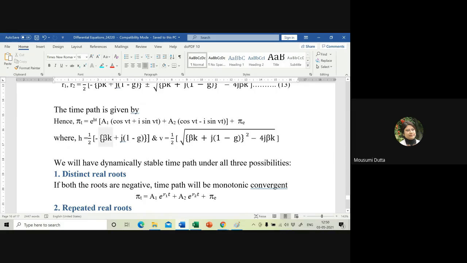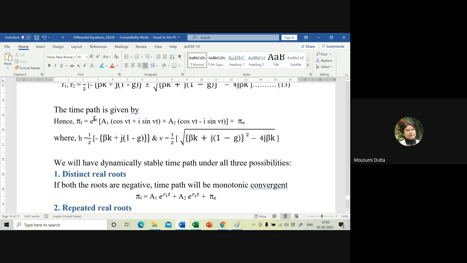Actually, in this model, we consider beta to be positive, k positive, j positive, and g lies between 0 and 1. So in this context, this value is always negative, and if this value is always negative, the time path will be stable.